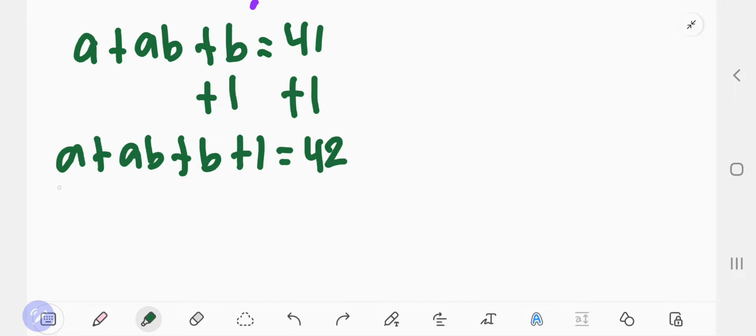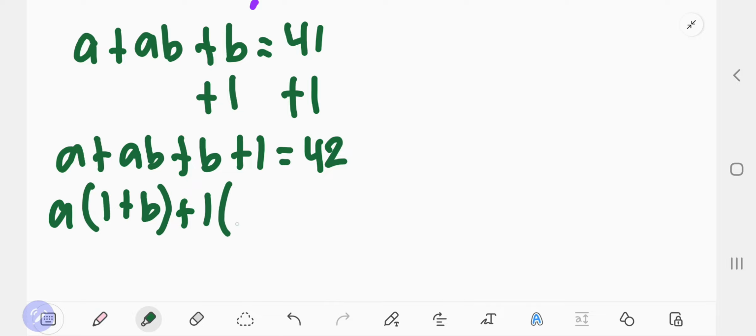A is in common, so we put a outside the parenthesis, and then a over a is equal to 1 and ab over a is equal to b, plus b plus 1 is equal to 1 times b plus 1 is equal to 42.